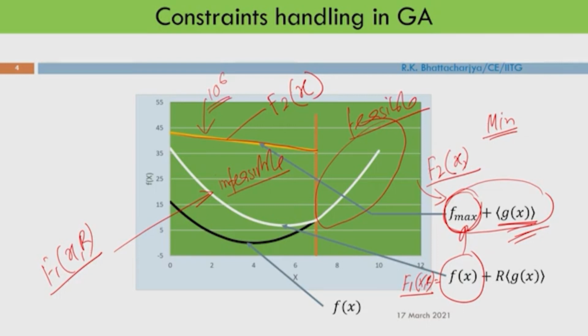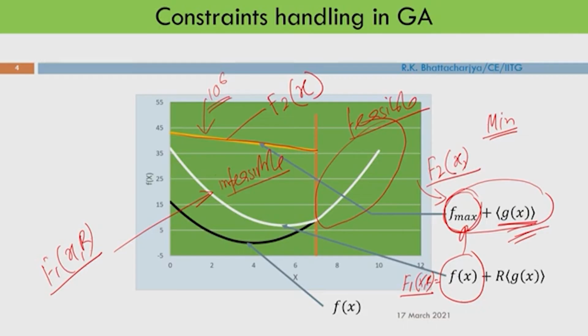In that case also GA will work, but the problem will be that if there is a competition between two infeasible solutions, both solutions will be equal now. So, you have to select one of them, but in this method the solution having lesser constraint violation will be selected.